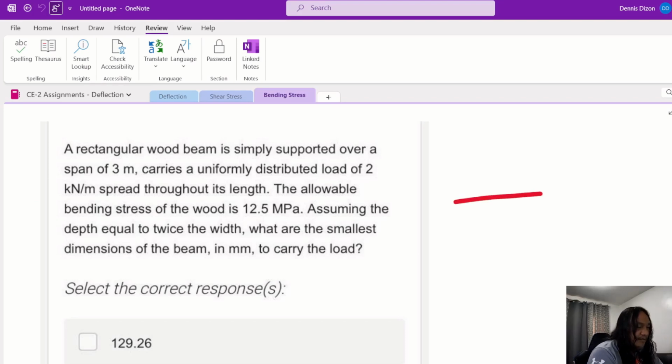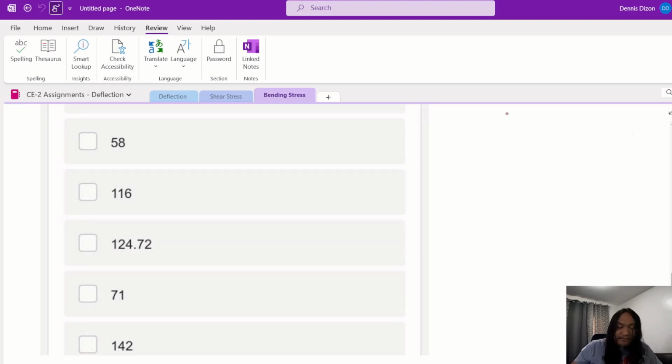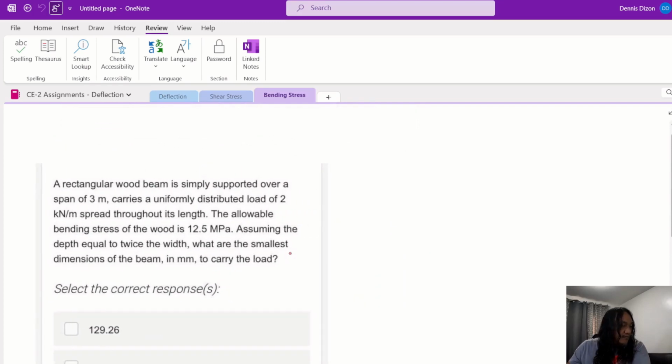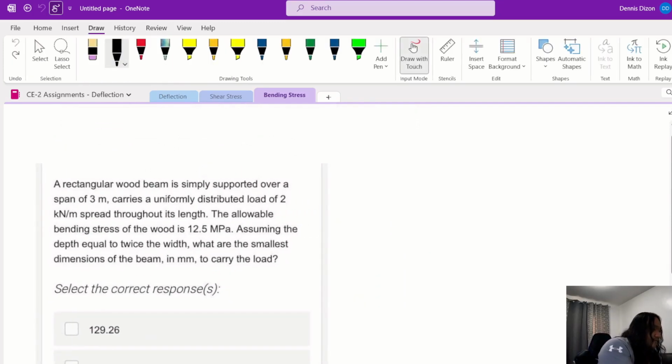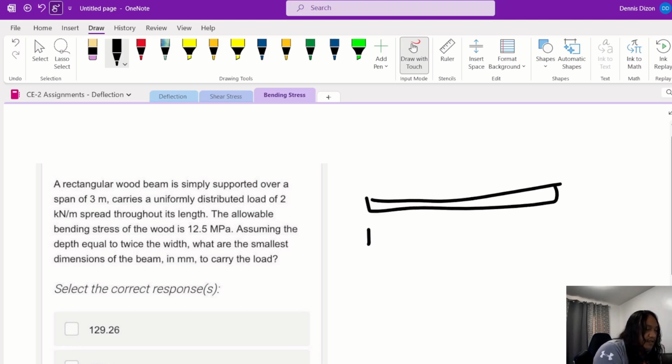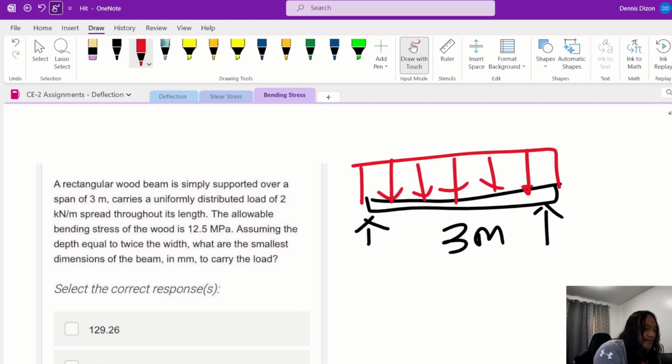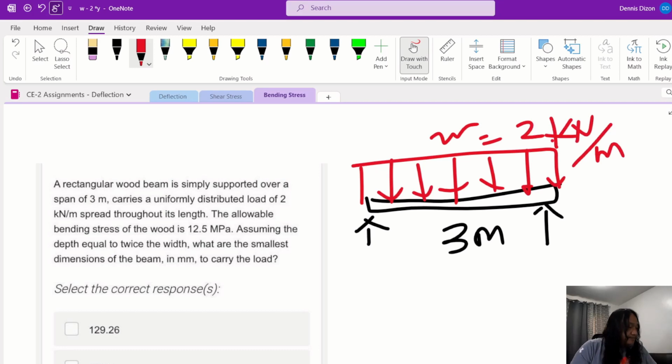So we have a beam, and then the span is 3 meters, and then our load is a uniform load, 2 kilonewton per meter.